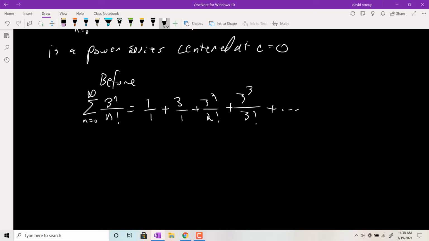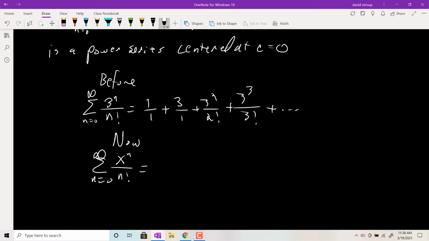What I'm saying now is that we're going to put a variable in there. It's like your progression back in elementary school: you started with numbers and arithmetic, and then you went to algebra. Same idea here. Now instead of 3, let's use an x instead, all over n factorial.